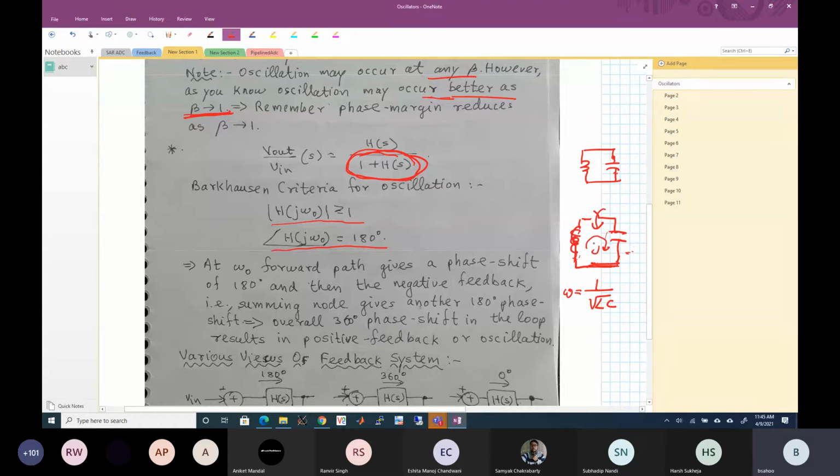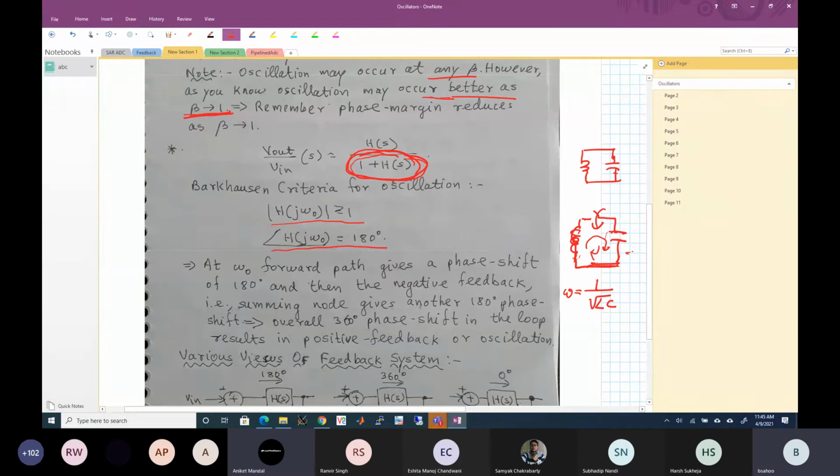I won't discuss the incorporation of negative resistance in this course. We'll just discuss a phase shift oscillator because it comes in the context of negative feedback, which satisfies this Barkhausen criterion of oscillation. So the same circuit can be used as negative feedback at other frequencies.